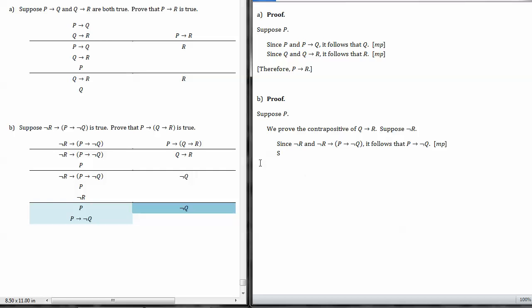And that brought us down to here, and then we use modus ponens again. All right, so since we have P and we have P implies not Q from the previous line of the proof, it follows that negation of Q is true. Okay. Again by modus ponens.